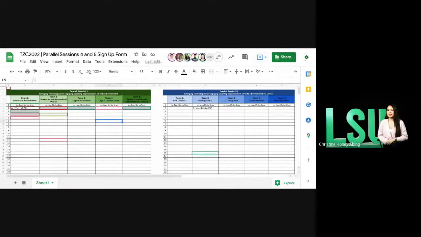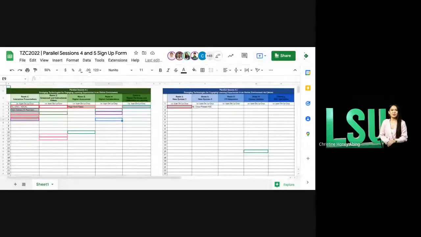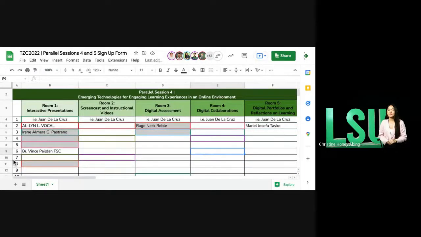All right. Am I seeing someone? Okay, I'm already seeing someone from the teachers who are already signing up. So to everyone who can access the link, please do fill it up right now. There will be rooms 1, 2, 3, 4, and 5 for tomorrow's parallel session.